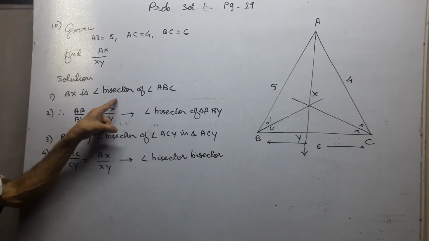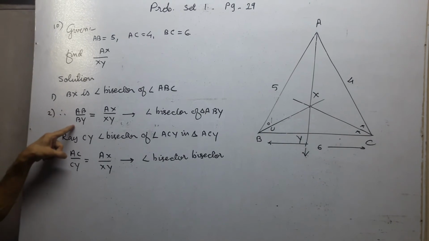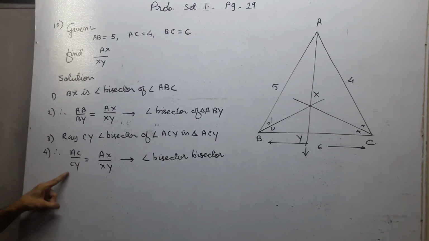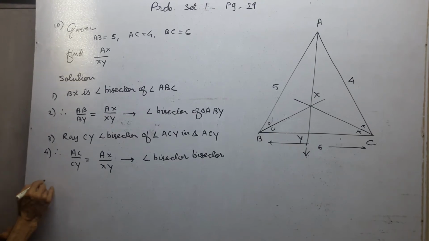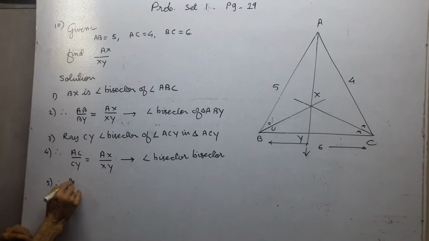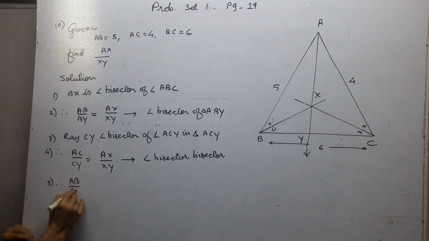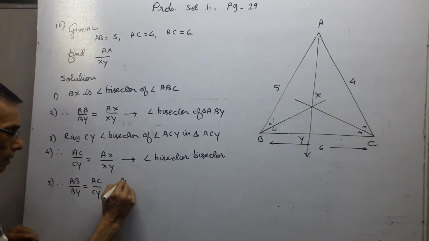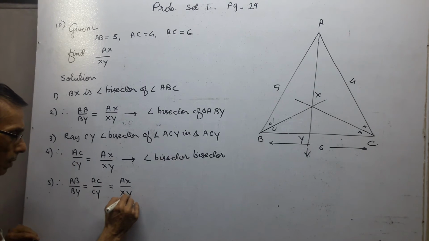In the second one we know that AX upon XY is AB upon BY, and in the fourth one AX upon XY is equal to AC upon CY, and therefore from the third and fourth, in the fifth statement, AB upon BY is equal to AC upon CY, and that is equal to AX upon XY.